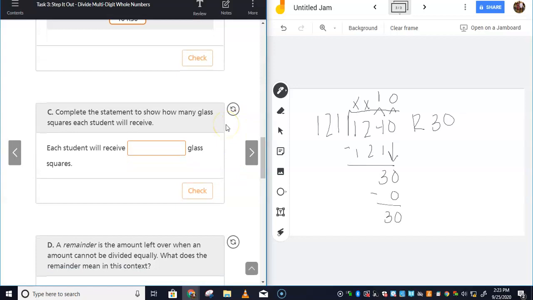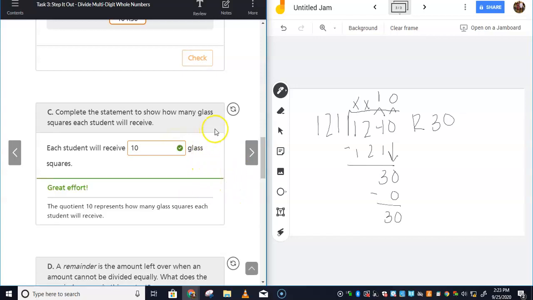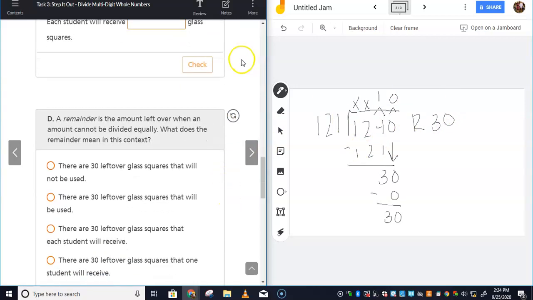So each student will receive 10 glass squares because they each have to have the same amount. And then they just have a remainder of 30 left over because every kid has to have the same amount. So we can't do anything with this remainder 30. A remainder is the amount left over when an amount cannot be divided equally.